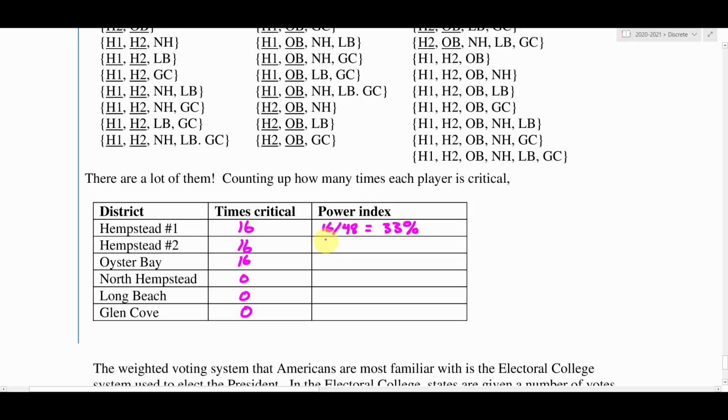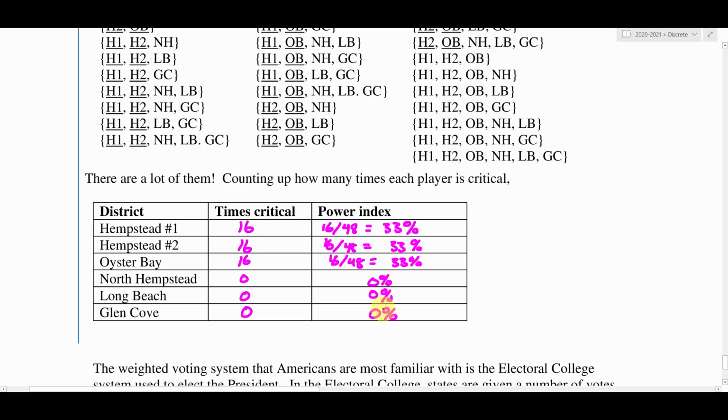We'll omit the decimals for now. Okay? And the same thing here, right? Because they all had the same number of critical times, it's going to be 33%. And then I would do the same thing and get another 33% here. And then obviously these guys would be 0 out of 48, so they're all going to have 0% of the power. And you start to see the major issue here.